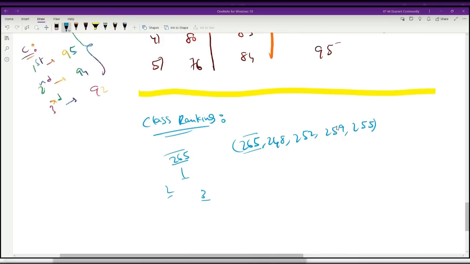And the second ranker, what can be his score here? The second ranker's score is 259, and he is given the rank of 2. And the third ranker, 255. Yes, you are again right. So these are the rankings.